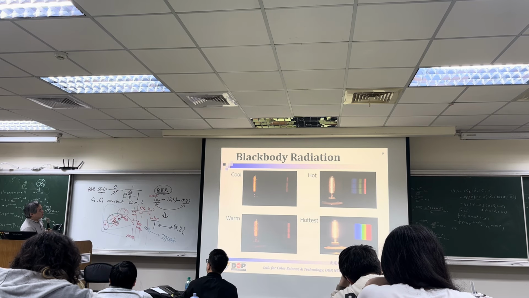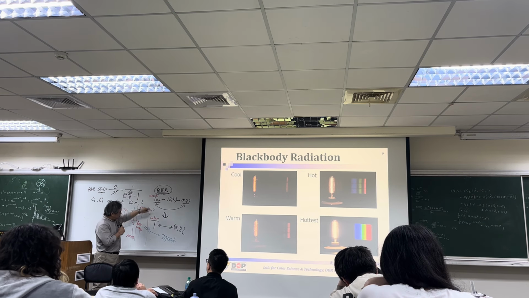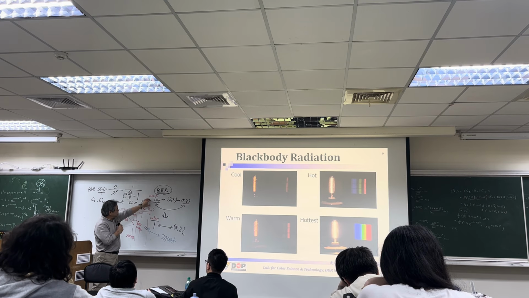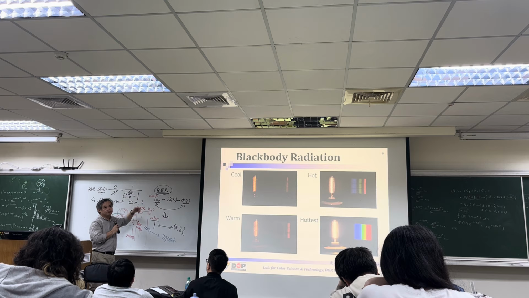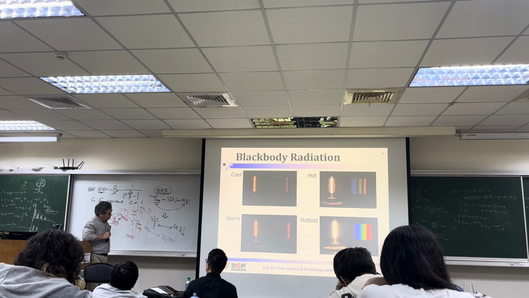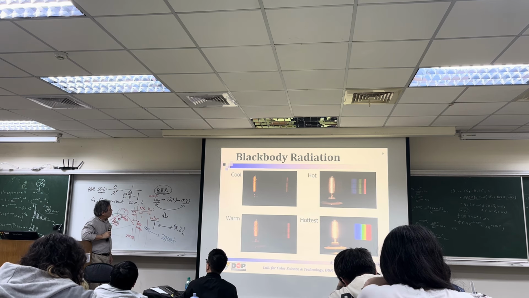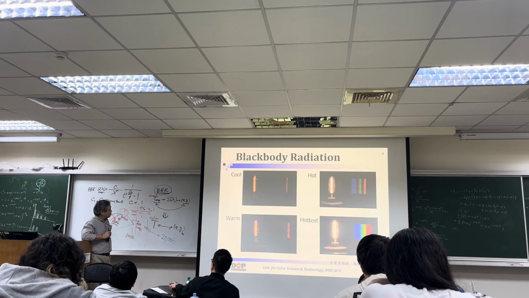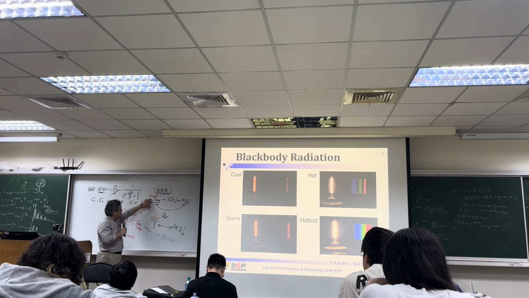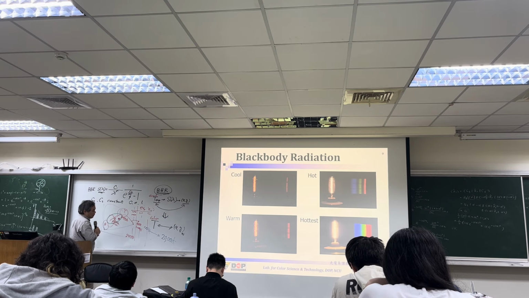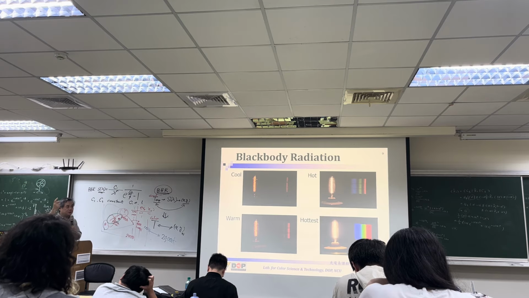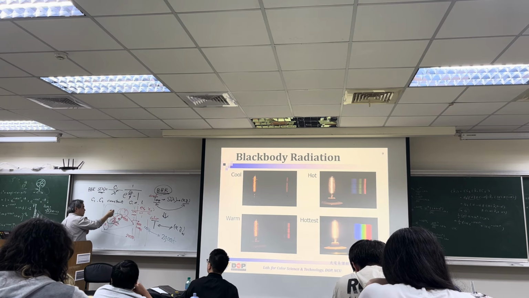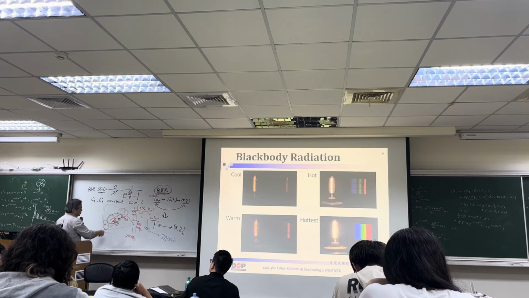Then we can transform from thermal temperature into color temperature. Thermal temperature just tells you how high the temperature is when you touch it, you will feel the temperature. The color temperature just tells you, when you see the light directly, what color you will perceive.